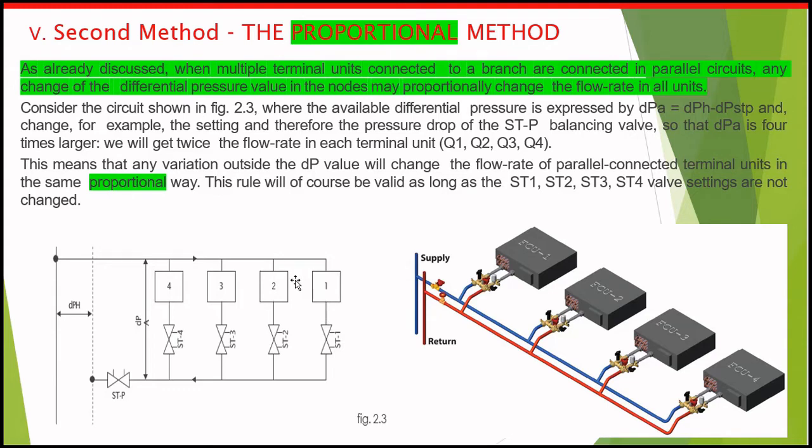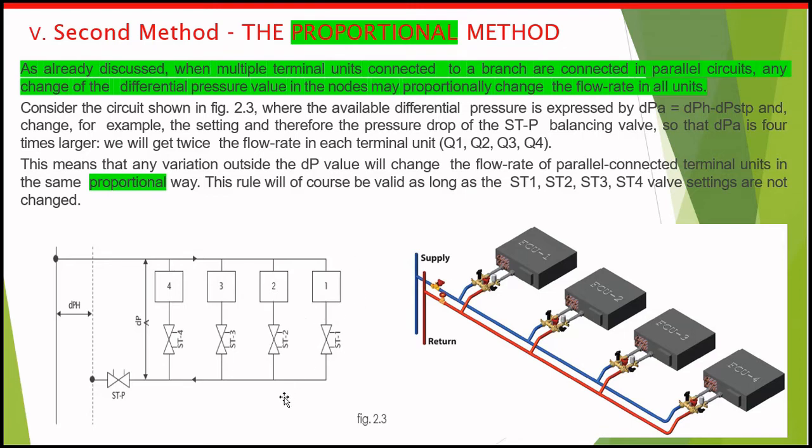Next, we will set the value of differential pressure in static 1 to be 95% of the ratio which is already calculated for this terminal.